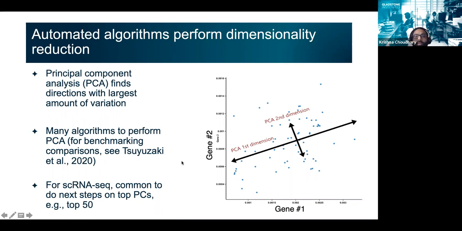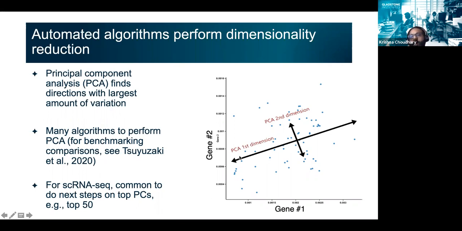And that's the goal, to reorient our data in terms of these hidden factors, because those hidden factors are perhaps fewer in number. And if we look at our data in terms of them, then we can have less noise, we can enrich for signal, and we can have more computational efficiency, which will be helpful in our downstream steps for some of the purposes, especially clustering. So that's what is going on.